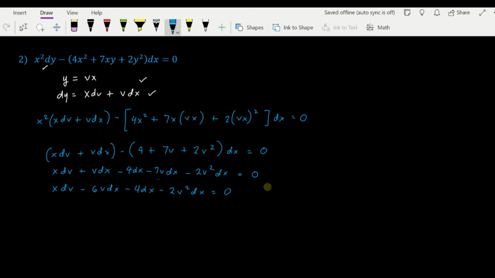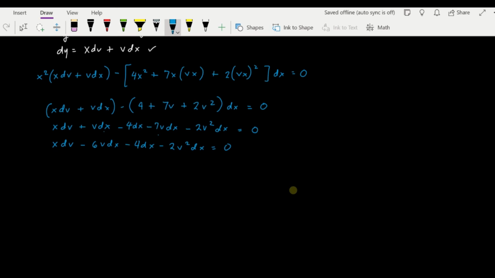So, makikita ninyo yung 3 terms pare-parehong ang differential niya ay dx. So, i-factor out natin yung dx. So, we have x dv minus, so we have negative, divide negative 6, so positive 6v, that is plus 4, then that is plus 2v squared, then dx equals 0.